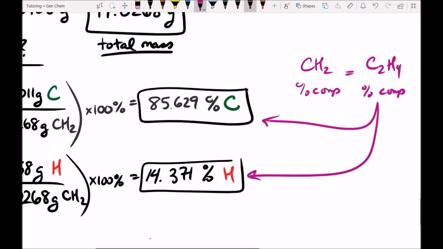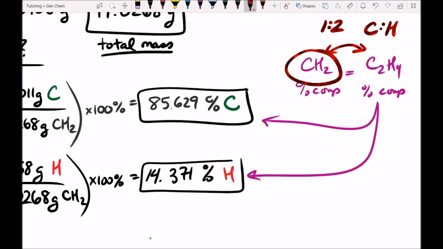Even though we used CH2 to calculate the percent composition, we know that both of these, CH2 and C2H4, have a 1:2 ratio of carbon to hydrogen, and because of that we know that the percent composition by weight of each element will be the same whether we use the molecular formula or the empirical formula. But definitely the empirical formula will give smaller masses and will make the calculation much easier, and in the end will give the same percentages, which is what we're aiming for.